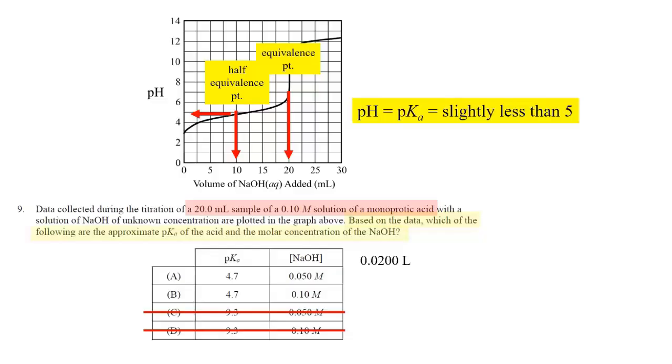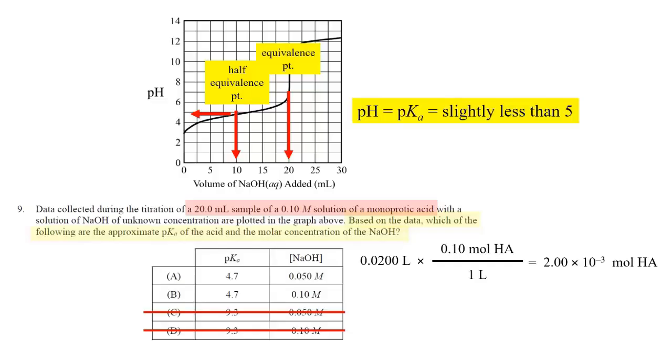I'm multiplying by the molarity as a conversion factor. So there's 0.10 mole of this monoprotic acid for every 1 liter. So 0.02 times 0.1 gives me the number of moles of the monoprotic acid. So I got 2 times 10 to the negative 3 moles of this monoprotic acid.